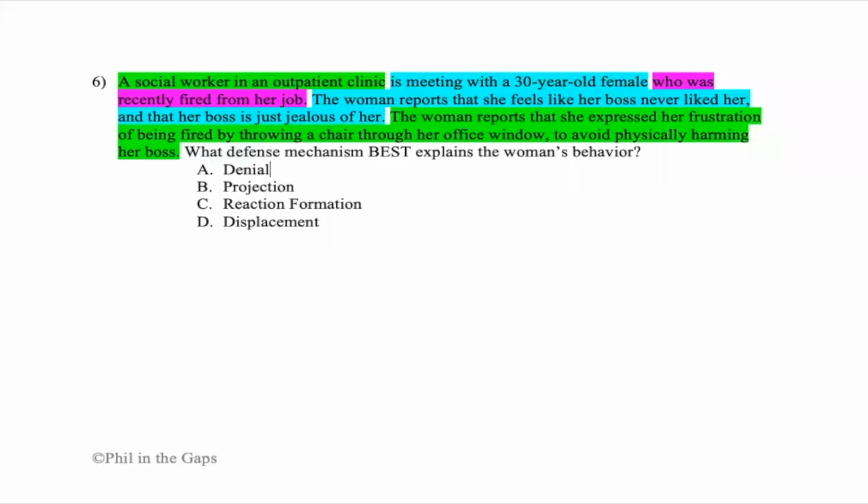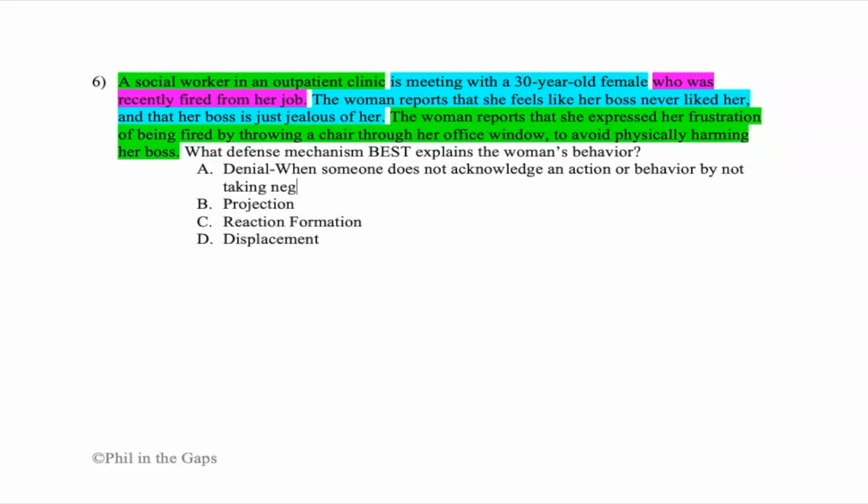So let's break down each defense mechanism, compare back to the question to see what we're looking at in particular. A, denial is when someone does not acknowledge an action or behavior by not taking negative criticism or critique.